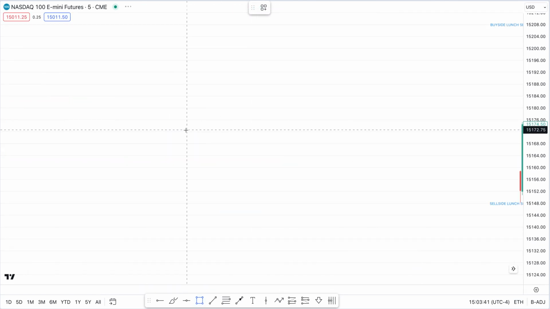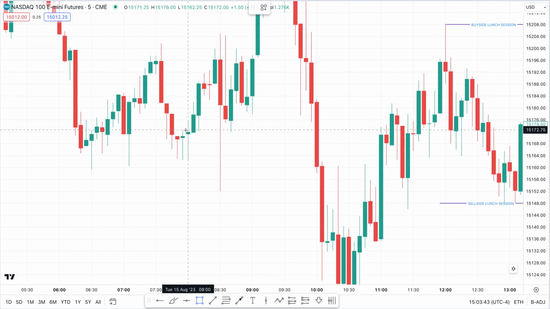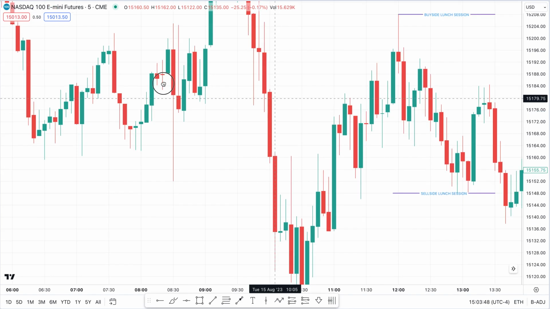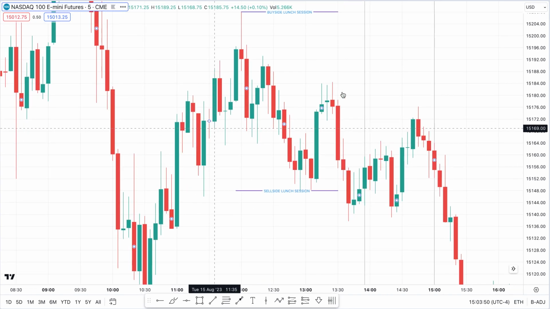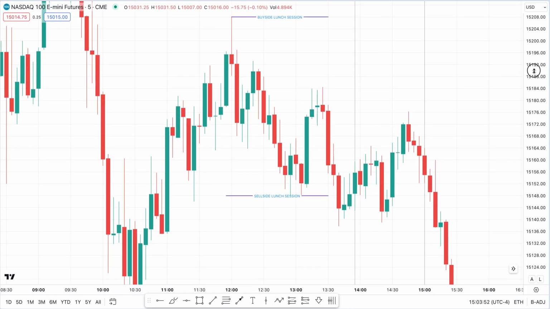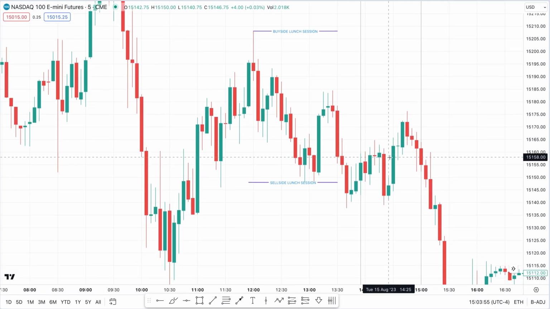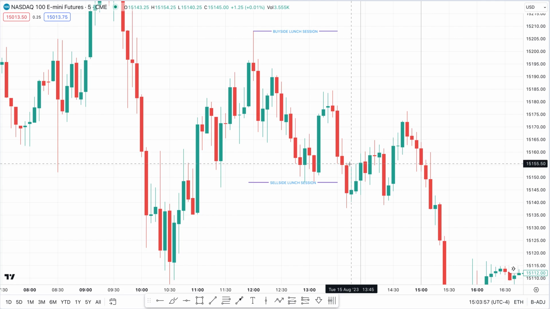I'll start with a 5-minute chart. I'll mark up every fair value gap down and every fair value gap up. But since we already see what the market's done, I'm going to mark all of it just to save some time. I'll mark all fair value gaps down. So right here, just mark up fair value gaps first.